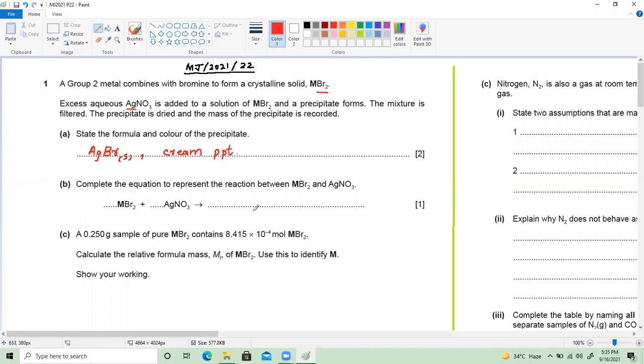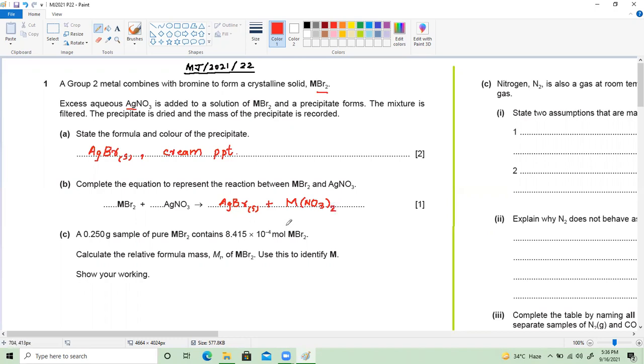Part B, complete the equation to represent the reaction between MBr2 and silver nitrate. Now we know that one of the products is the cream colored precipitate, which is silver bromide, and then a group 2 metal nitrate, M(NO3)2, will form. We know group 2 elements have an oxidation state of +2, or valency of 2+.